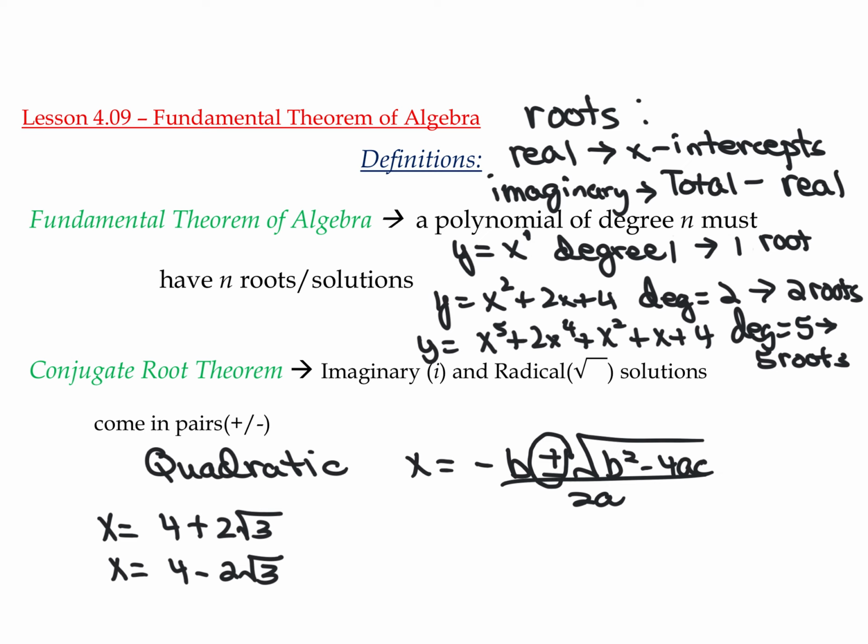If you have a solution, x is equal to 3 plus 2i, then you also are going to have a solution, 3 minus 2i. Okay? So if the roots contain a radical or are imaginary, they are always going to come in pairs.